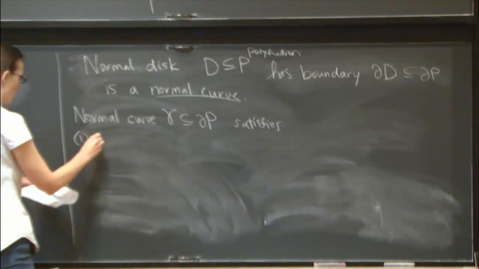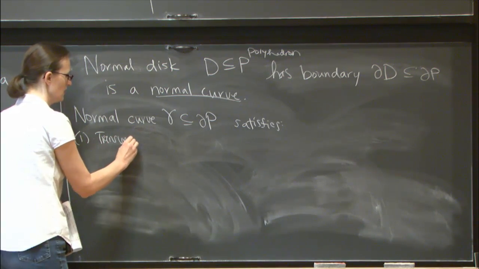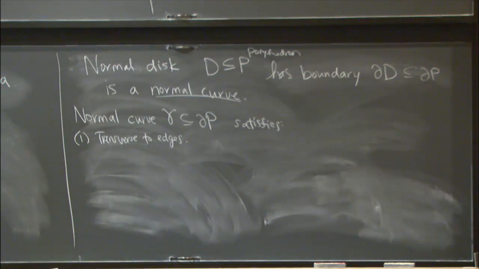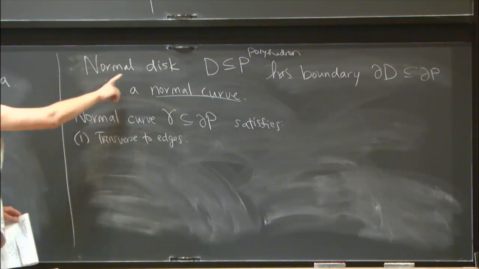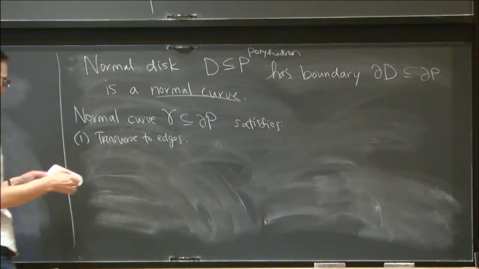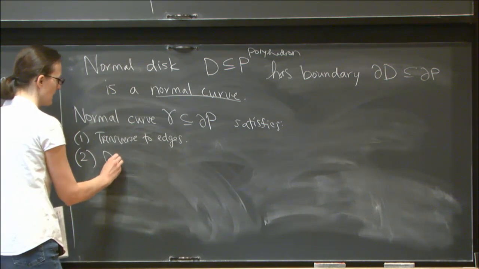So number one, we're going to make sure that it's transverse to edges. You want to think of these items as things that you do to your disk if it's not in a good position to begin with. If it's not transverse to the edges, just bump it a little bit, and now it will be. So transverse to all the edges. Two, it does not lie in a single face.